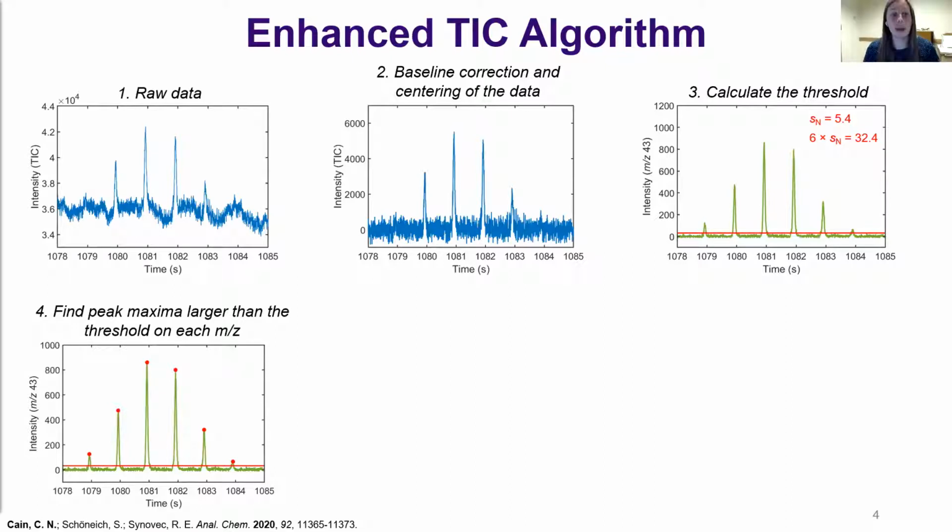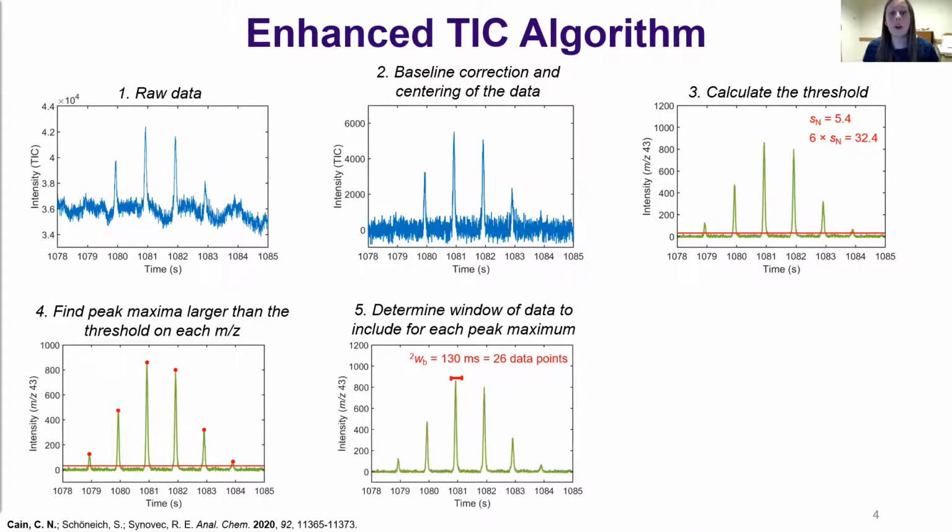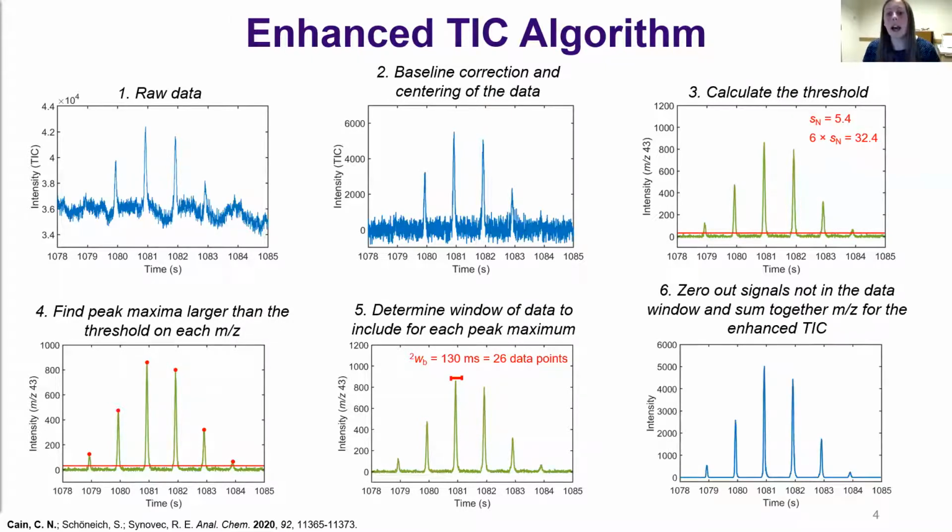We then find the peak maxima that are larger than the threshold on every mass channel before determining the window of data to include for each peak maximum, so that we can capture the full peak shape. Signals that are not part of the data window are zeroed out, and then we sum together all the mass channels to create our enhanced TIC, shown here in step 6.